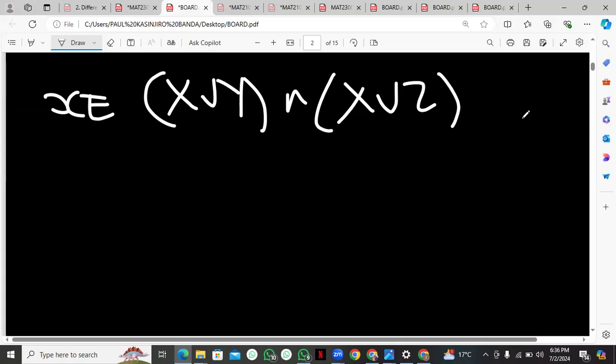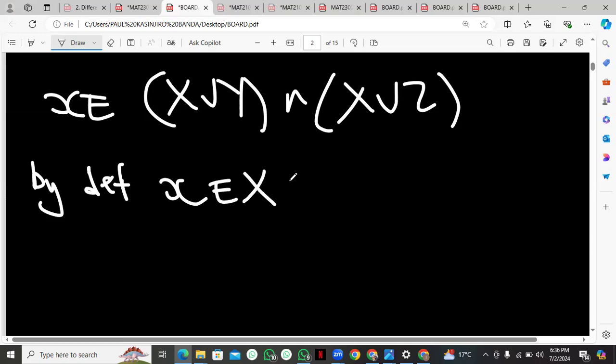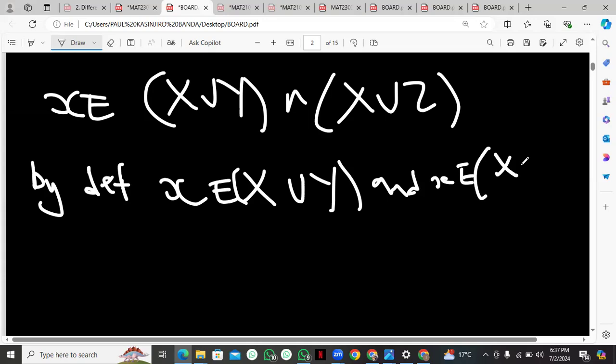So you can say by definition, it means that the X is actually a member of this. So you can say X union Y, and then that intersection becomes the and X is a member of X union Z.